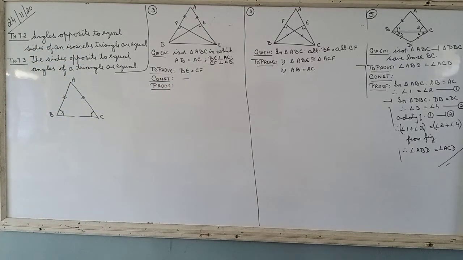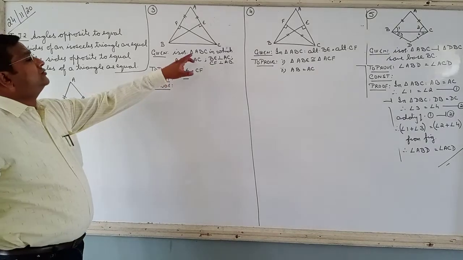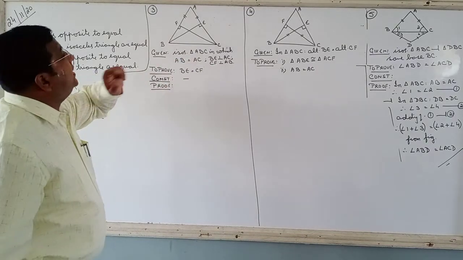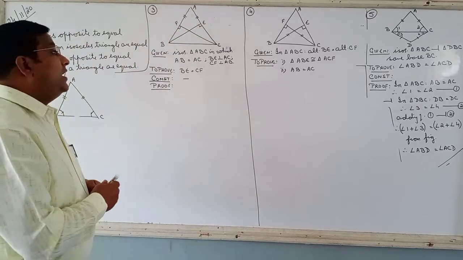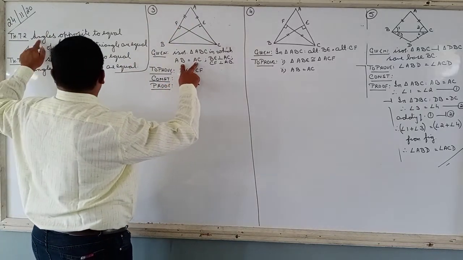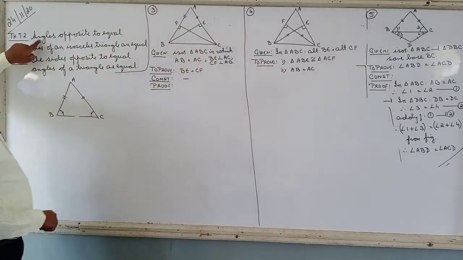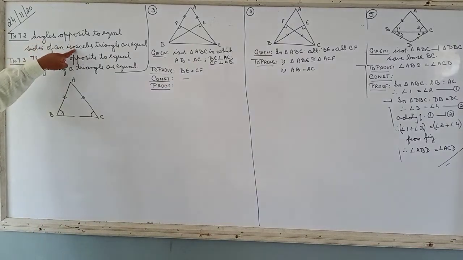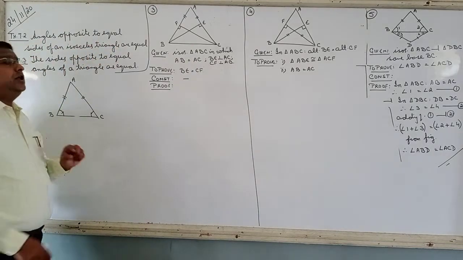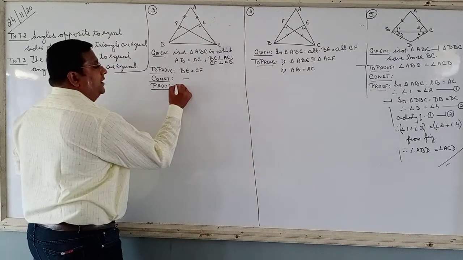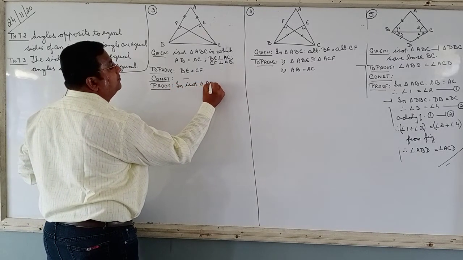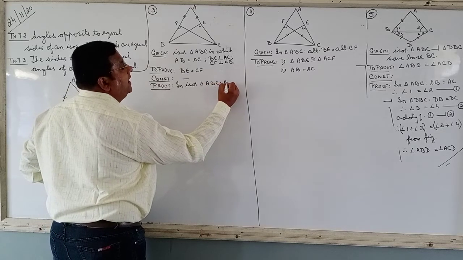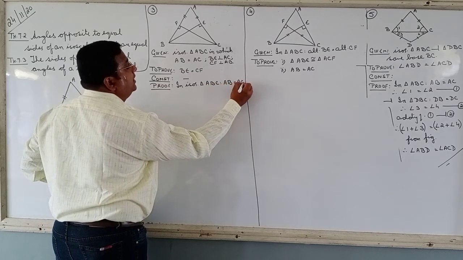Clear? Take a look. He says isosceles triangle ABC. So that is isosceles triangle ABC, A, B, C. This is an isosceles triangle. If two sides are equal, angles opposite to them are also equal. Angles opposite to equal sides of an isosceles triangle are equal. So let us write that first. In isosceles triangle ABC, AB is equal to AC.